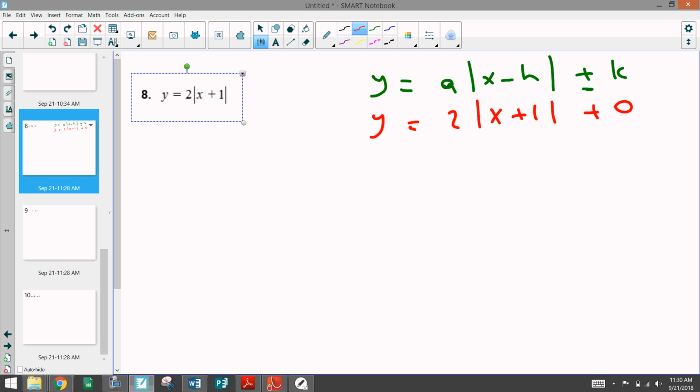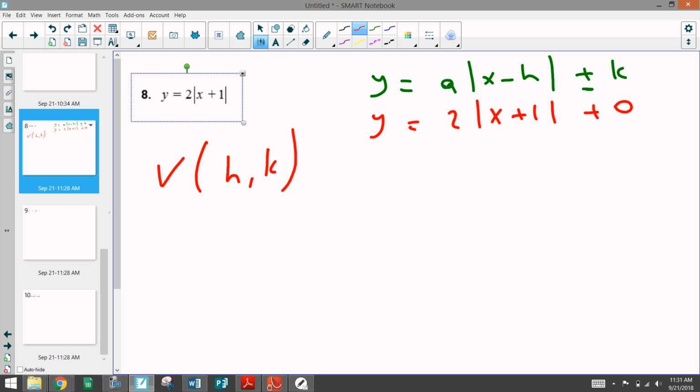Because we don't have k. That means it's going to stay where x equals 0. Yes, and the vertex formula is this, (h, k), without graphing. If I graph, that'll be easy to see, because you'll see the corner and then just figure out the coordinates or the pairs. But now we don't have the graph.